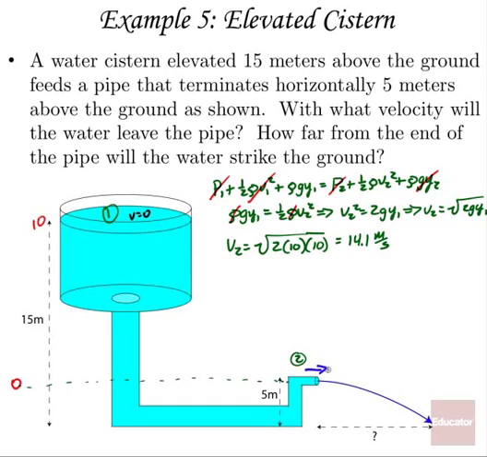So our water is going to be leaving the pipe down here with the horizontal velocity of 14.1 meters per second. Now we've got ourselves a projectile problem where we've got a height of 5 meters and we need to find the horizontal distance the water travels. Let's first figure out how long that water is going to be in the air. That's a vertical kinematics problem where V initial vertically is 0. Delta Y will be 5 meters.